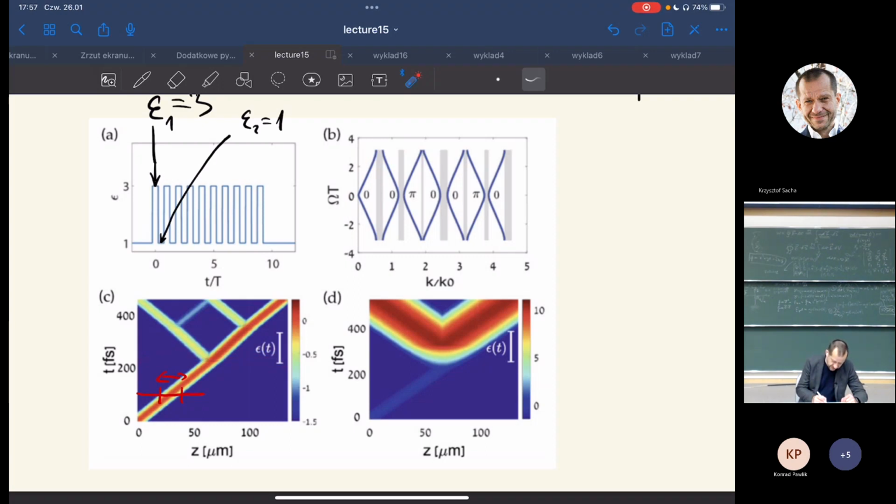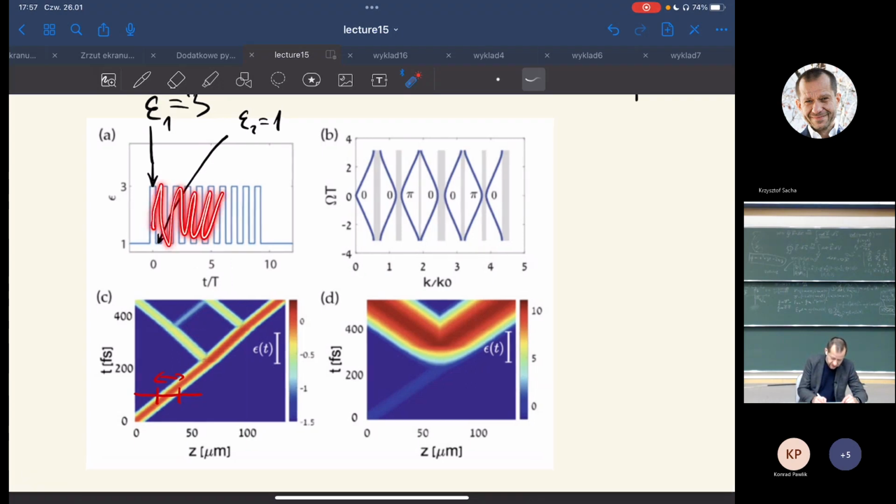Then most of the wave packet keeps propagating in the same direction, but there is a certain reflection. There is some fraction of the wave packet that starts propagating in the opposite direction. And it happens until we turn off the time crystal.